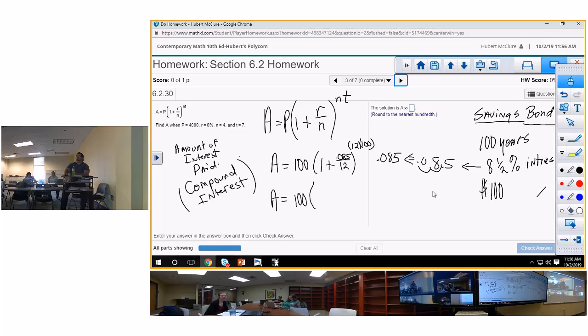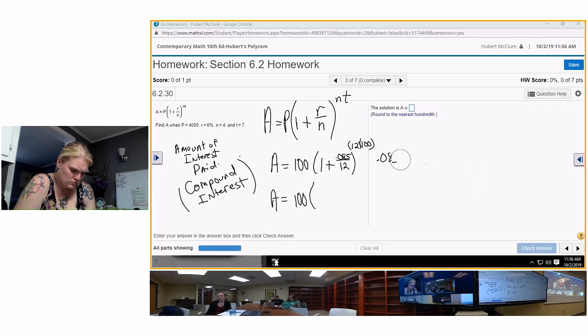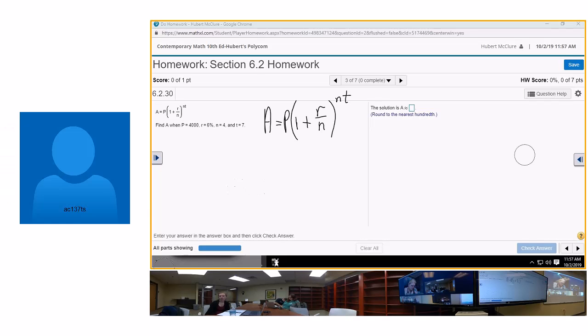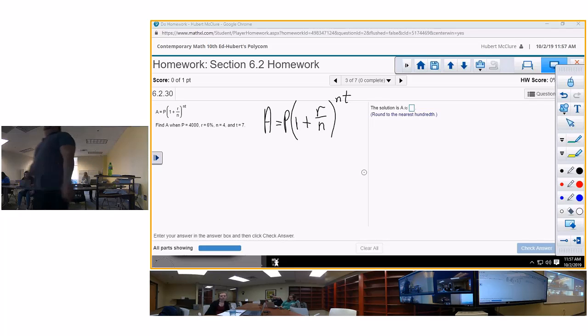All right, so I'm going to erase all this stuff. And so what is P in this case? 4,000. That's the money that we plugged in.